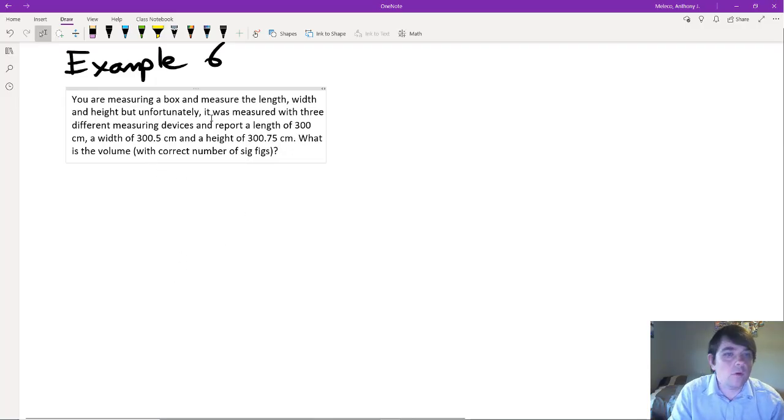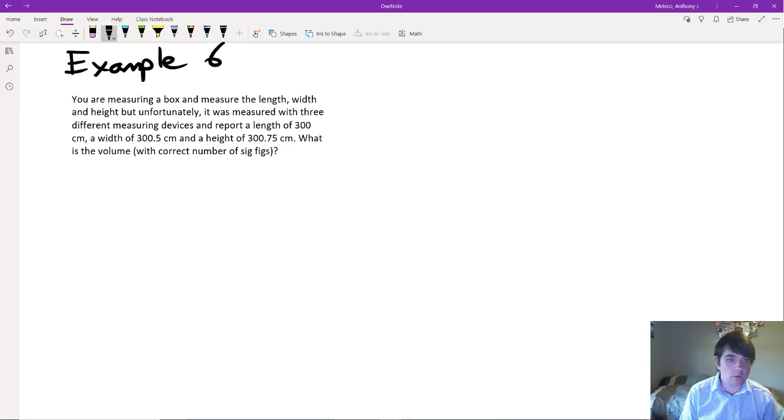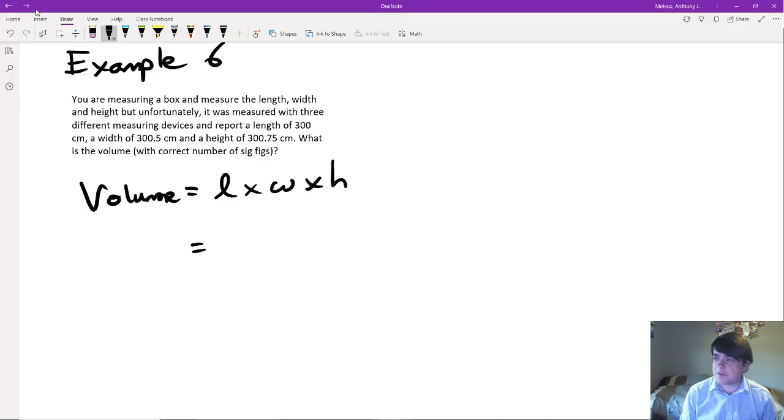We have these 3 length, width, and height numbers, and they all have a different number of significant figures. If you remember how to calculate volume, volume in general is length, which I think is typically represented by script L, times width times height. And you write that out.